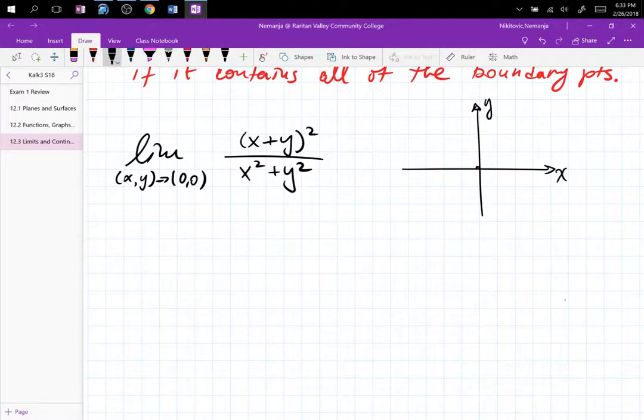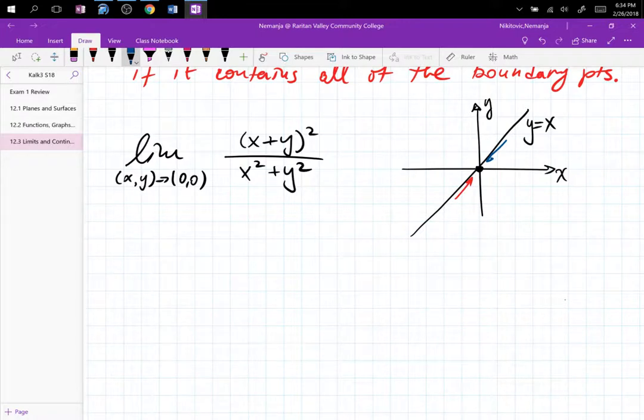The point 0, 0 in this case is the origin. And if you put the line y equals x like this, then that restricts your motion through space, and you can approach from this direction or from that direction, and you are approaching along this line.